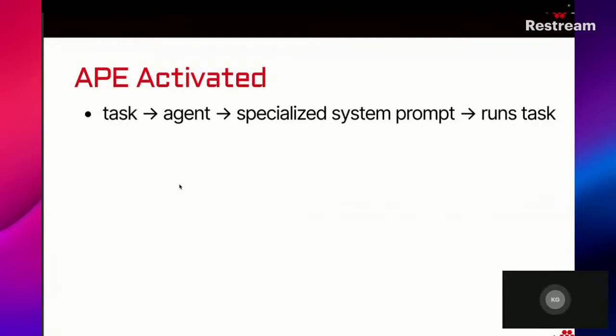A task is basically, I wouldn't say simple, but it's like do this, do that: build me 5 marketing posts, analyze this data, create this code, analyze this X-ray image. A task is one unit of work. It's super small and super compact, and the system prompt is the instructions that you give to your agent.